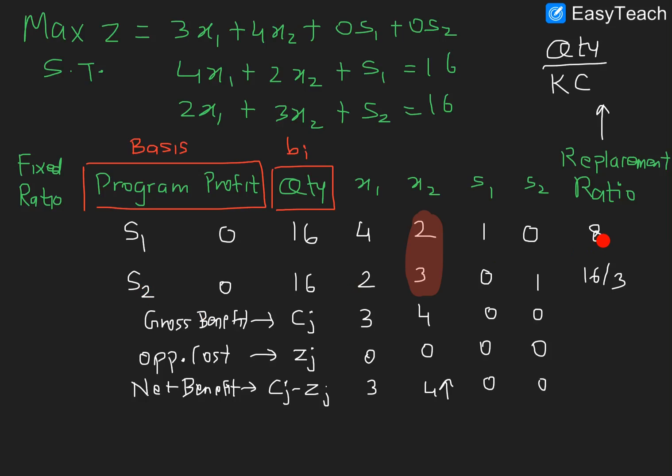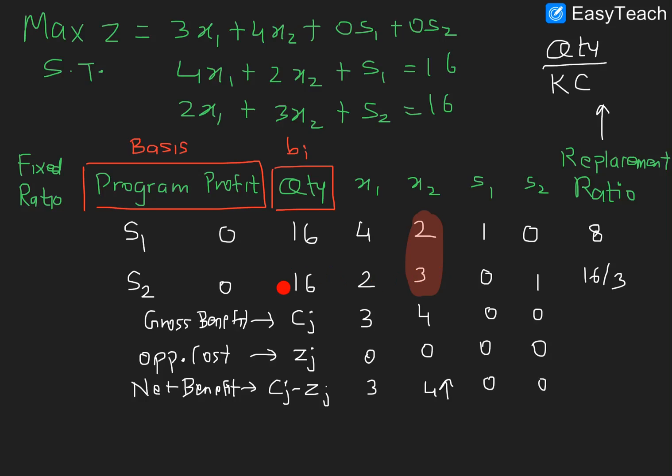If you think that we should go for 8, that is, fully consume our raw material, then just think of it, if you produce 8 units of X2, obviously 8 units into 2 as the sacrifice ratio, so you consume fully 16 units of your raw material. Whereas for labor, if you produce 8 units, how many labor hours are required? 8 into 3, you need 24.